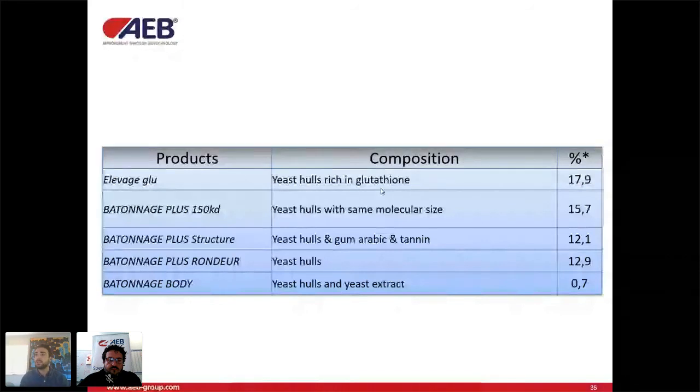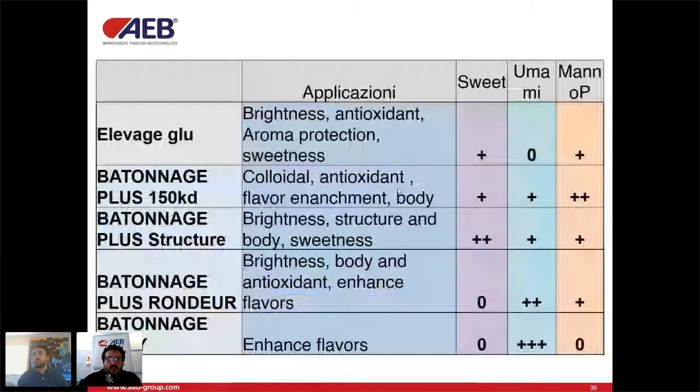Here I selected some, and you can see that they have different compositions, specifically targeted to achieve different results in the wine. In fact, their different composition results in different applications in your wine, where the Élevage Glue is the one rich in glutathione, and so is the one that protects your wine more from oxidation, and therefore protects the aromas.